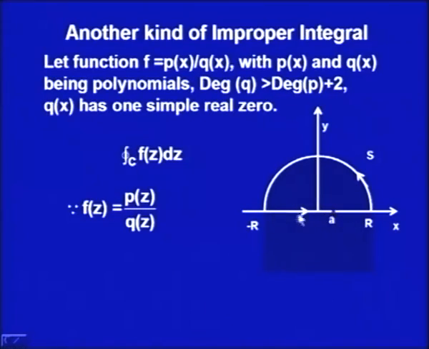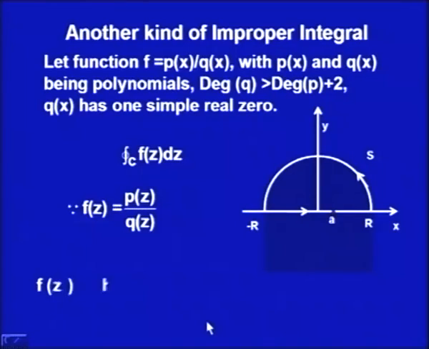So, the residue theory cannot be applied, because in the residue theory we require that all poles lie inside the closed contour. But now, with a simple real zero, we have our pole on the contour. Then of course we cannot directly apply the residue theorem or residue method.